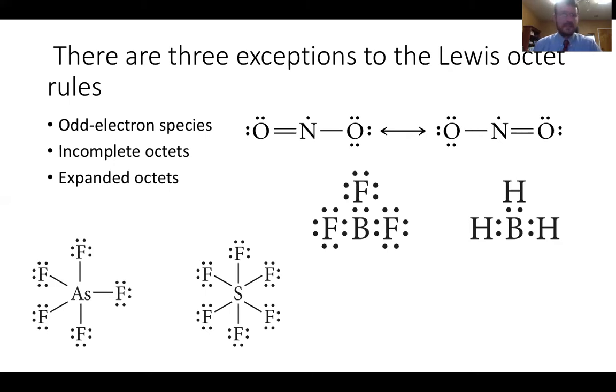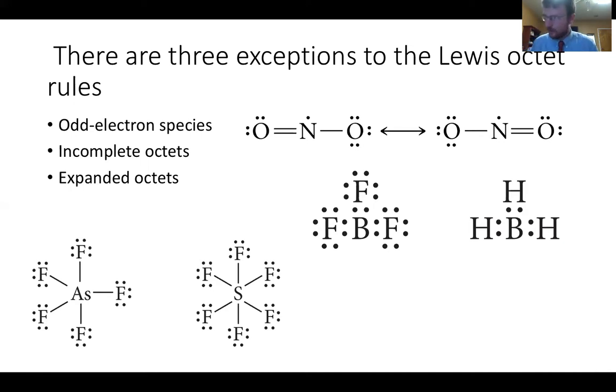The last thing is that we can do what's known as expanded octets. Sulfur, arsenic, iodine can expand their octets above the 8 into a 10. And the question is why, right? Because what we see with expanded octets, and this is very important, is sulfur can do it, phosphorus can do it, arsenic can do it, iodine can do it, bromine can do it, xenon can do it.